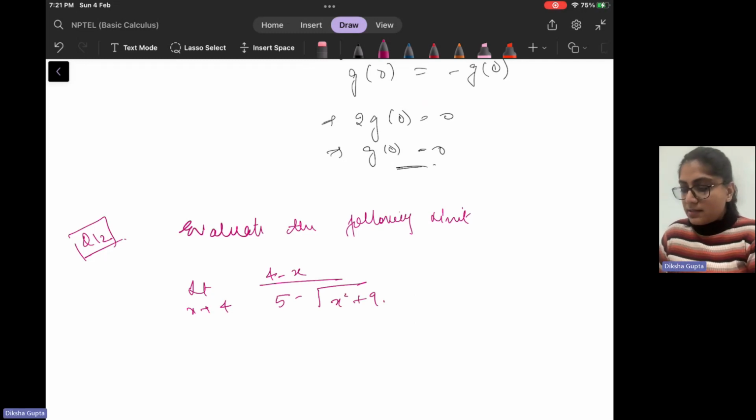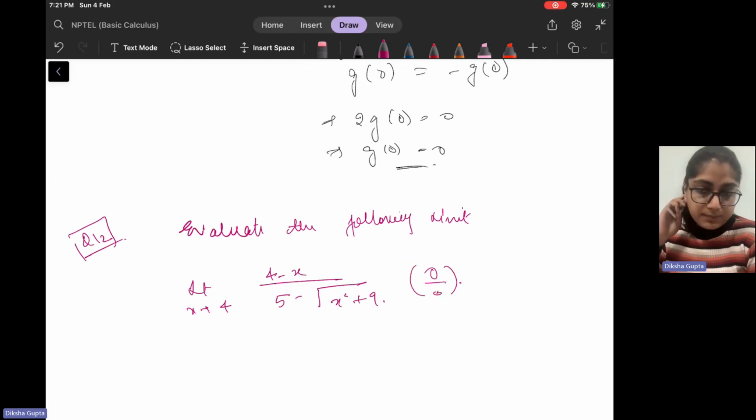In functions like this, when x tends to 4, it forms a 0 by 0 form. So we try to avoid such forms and do some manipulation to avoid this 0 in the denominator. Whenever we have an under root or this ratio type of functions, we try to rationalize it. So please try this question. It should not be difficult.